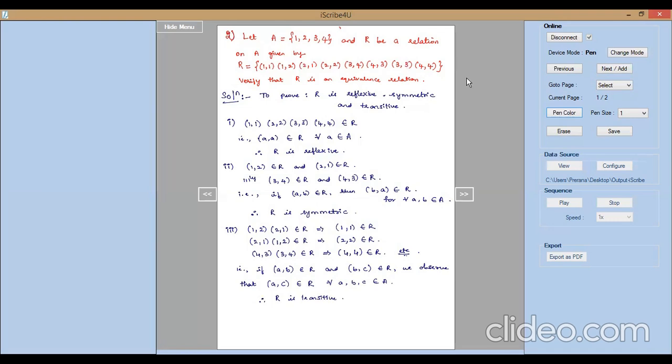Now, since R is reflexive, symmetric and transitive, we can conclude that R is an equivalence relation. So this is one simple problem that I took on equivalence relation.